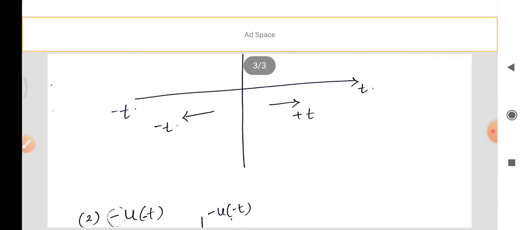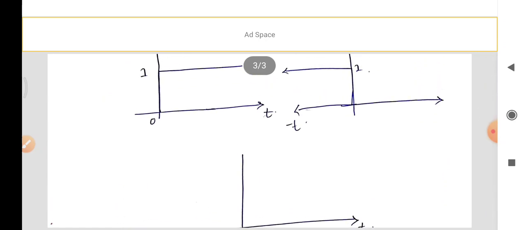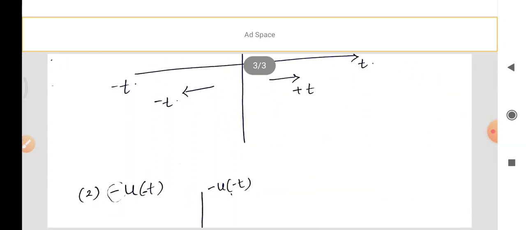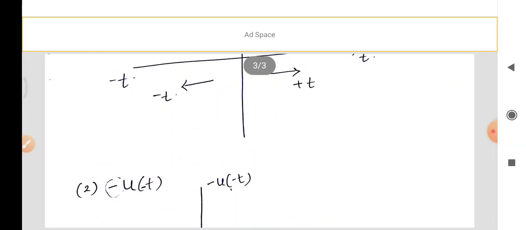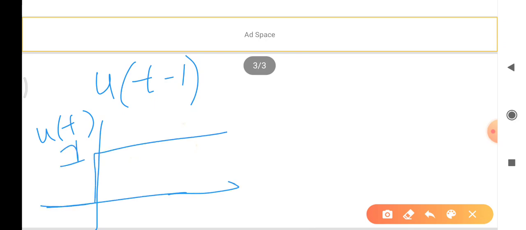Next let's calculate u of t minus 1. We'll speak about this later; I'll keep a bit of space over here. U of t we know, this signal starts from here with the magnitude 1. We require u of t minus 1.